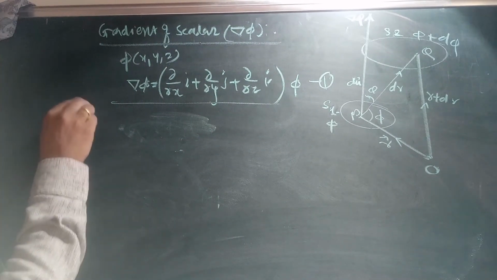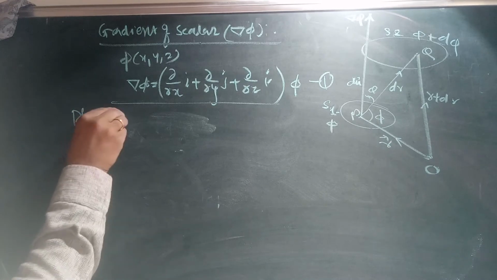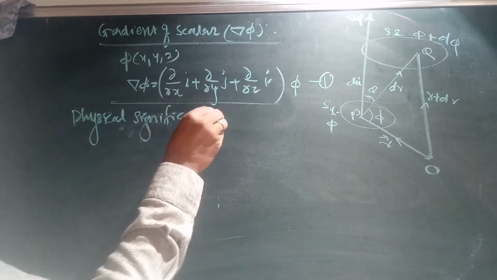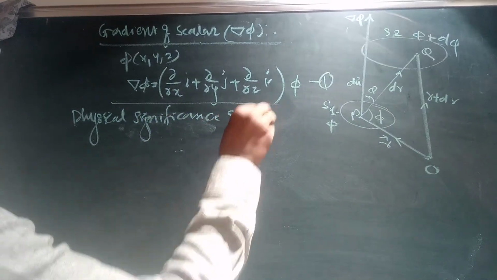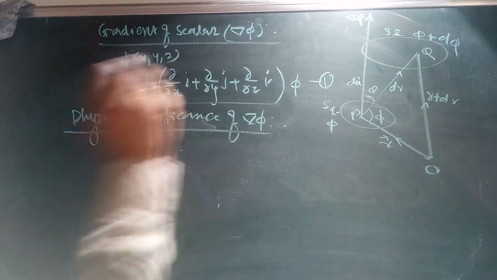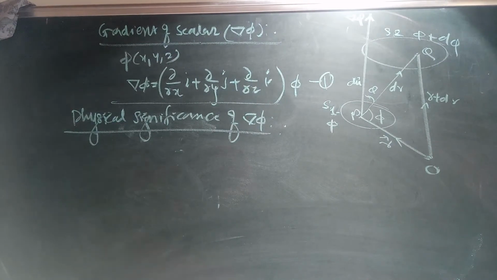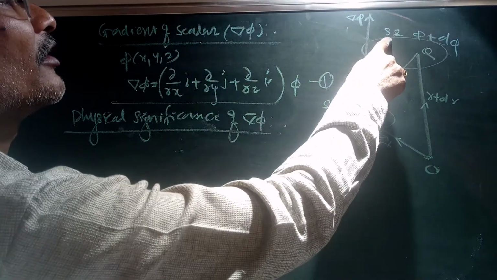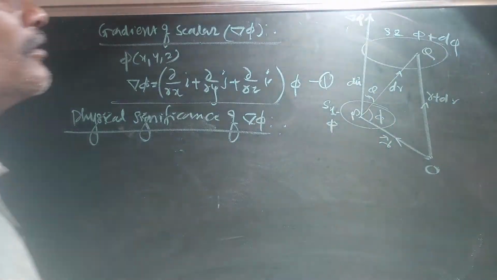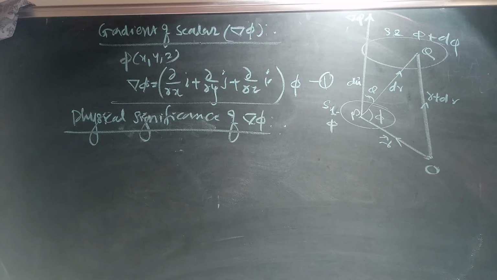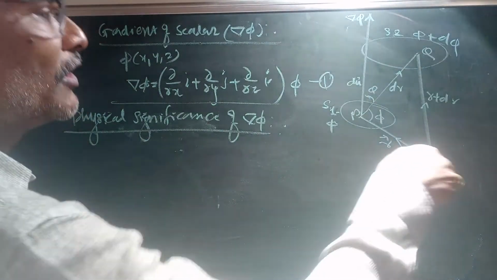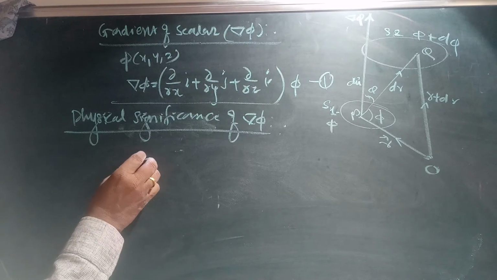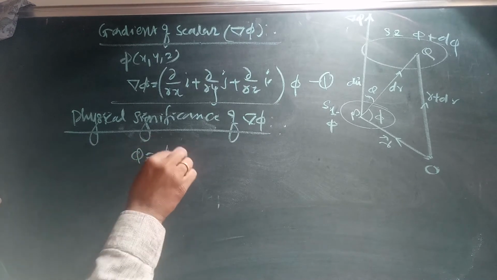Now the physical significance of del phi. Consider two level surfaces: S1, which has the function phi, and level surface S2, having the function phi plus d phi. So these are the points P, Q and O. Now consider d phi, say phi is equal to phi of x, y, z.